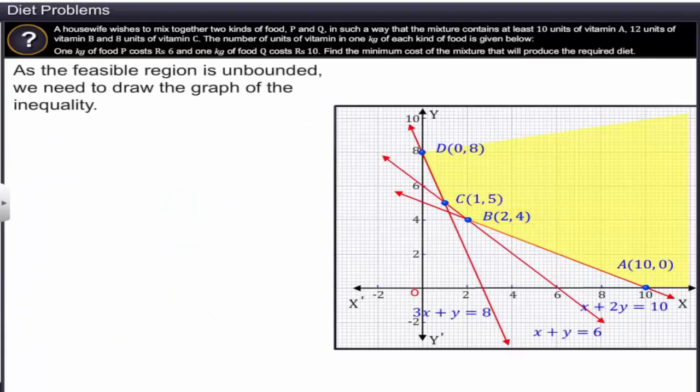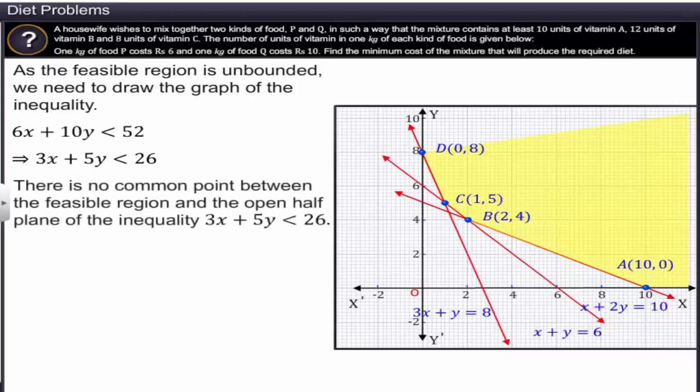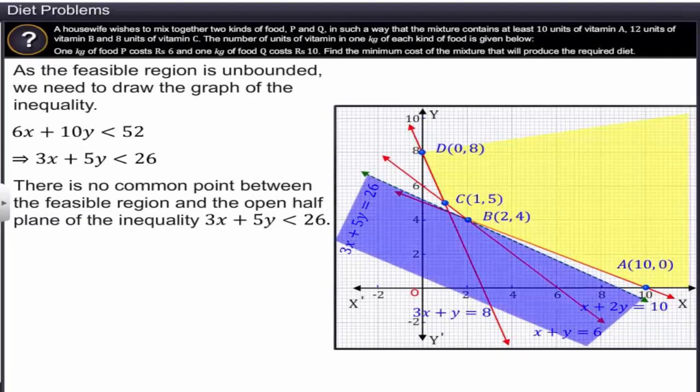Since the feasible region is unbounded, we need to draw the graph of the inequality 6x plus 10y less than 52. On simplification, this gives 3x plus 5y is less than 26. Observe that there is no common point between the feasible region and the open half plane of this inequality.